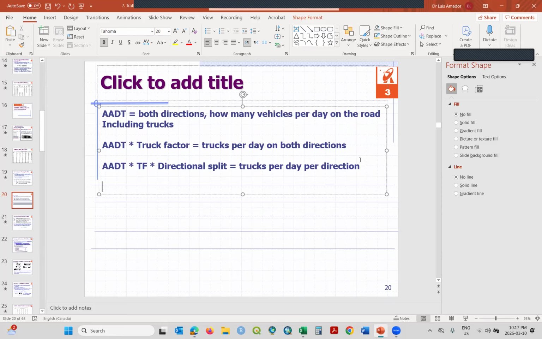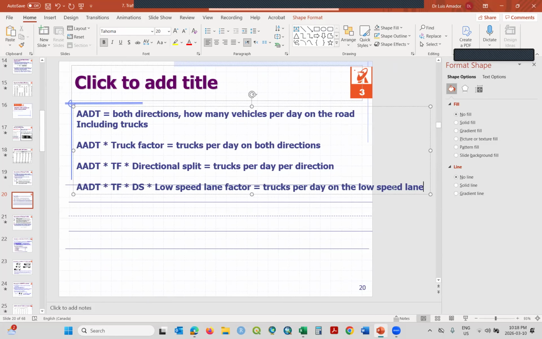If you multiply the AADT by the truck factor by the directional split by the low lane design factor, then you have the trucks per day on the low speed lane.